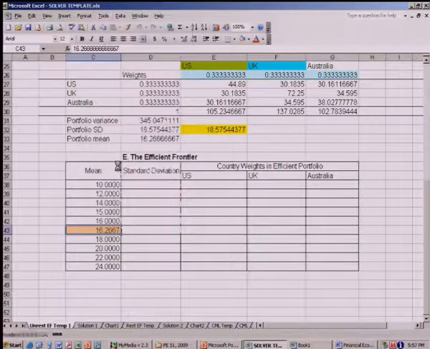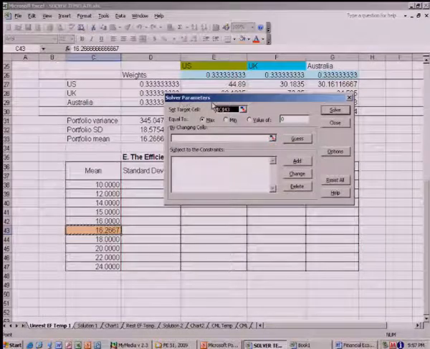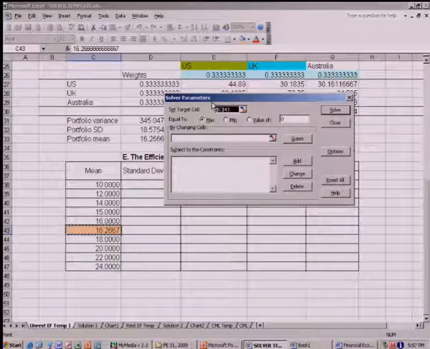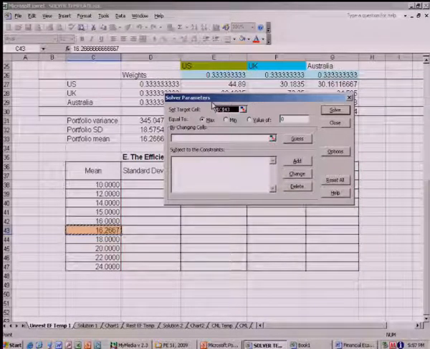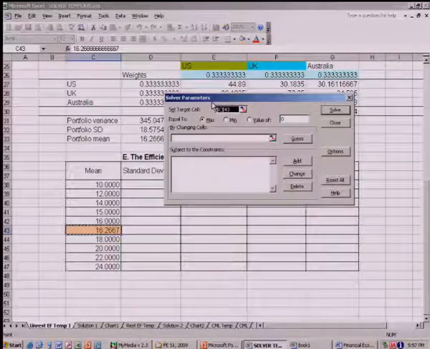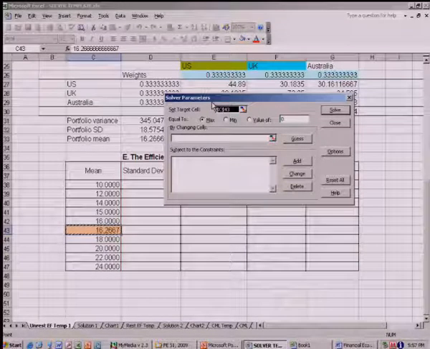So now I'll click on Solver, and I get this window that asks me to enter the solver parameters. The first thing it is asking me is to set my target cell. And remember what my objective here was: for each of those target rates that I'm trying to achieve from my portfolio, I want to minimize the level of risk associated with each one of them.